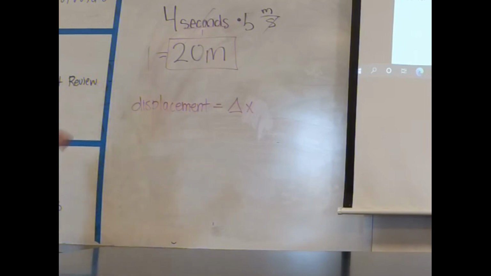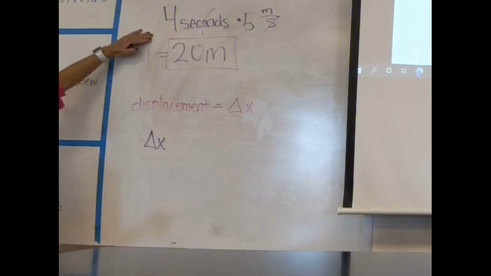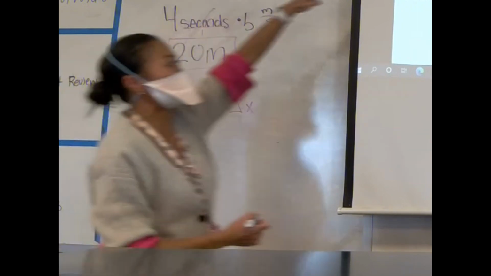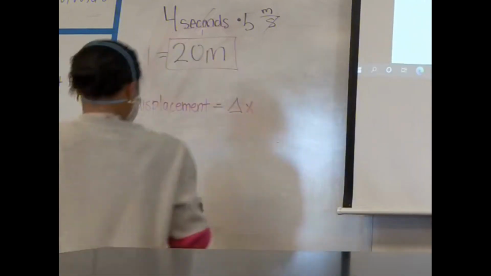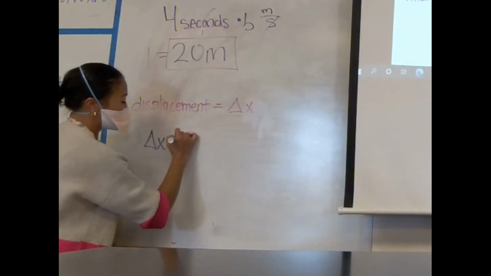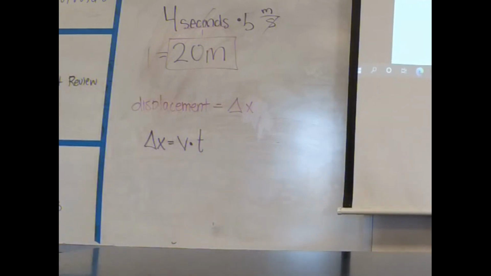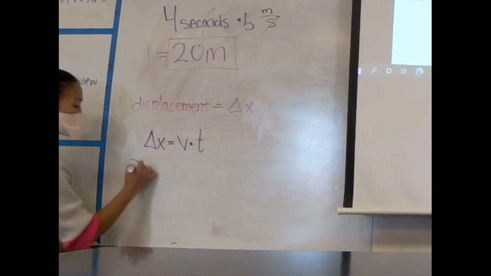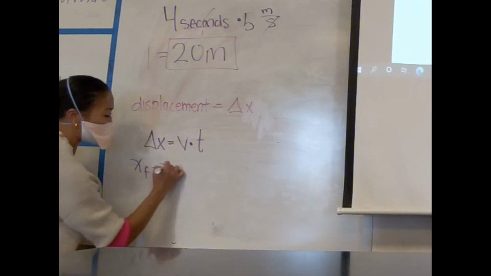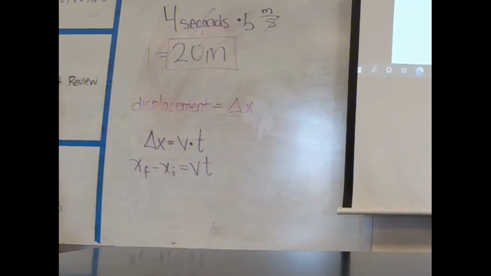The change in position, delta x, is equal to the base, which we established is time, because the base is my x-axis, times velocity. So I'm going to call it v times t. Change in position is another way of saying position final minus position initial equals v times t.